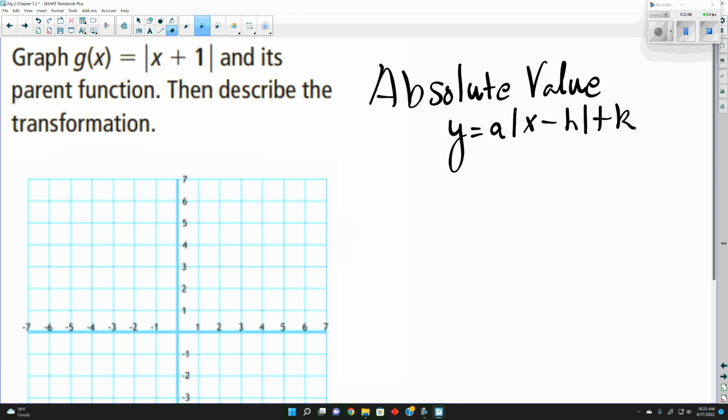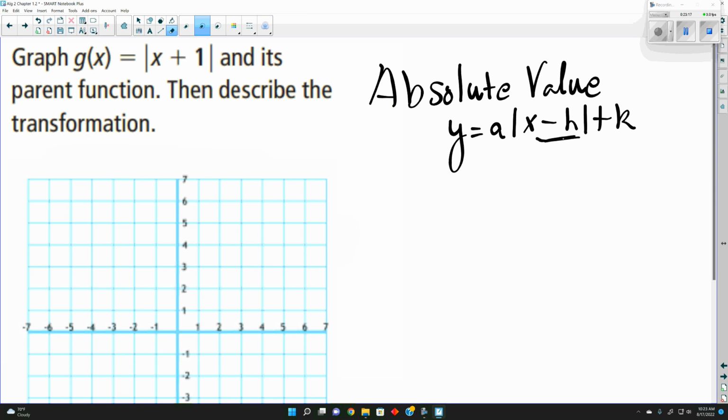Is this function moving up or down? No, because for it to move up or down, we need something added outside of the absolute values. We don't have it. We don't have anything subtracted. The only thing that's different is the plus 1 inside, yes? Which matches up to the minus h, yes?